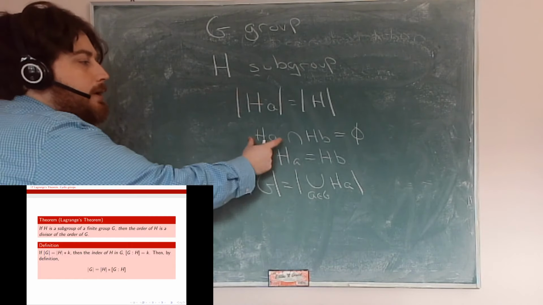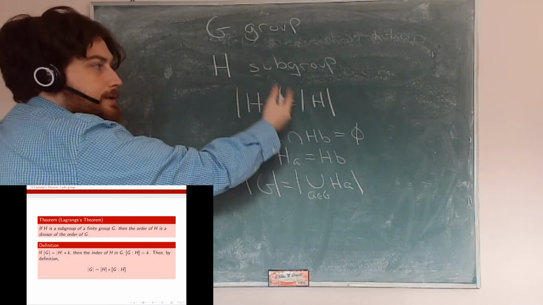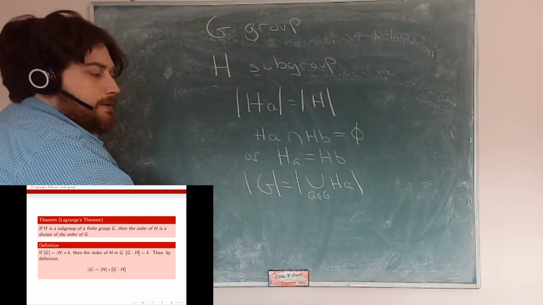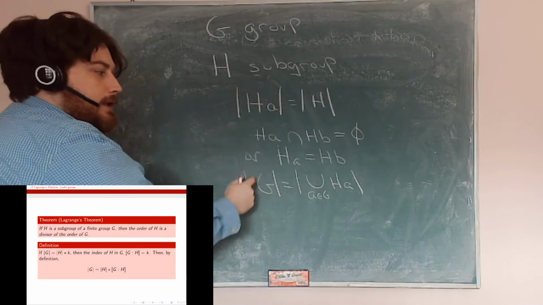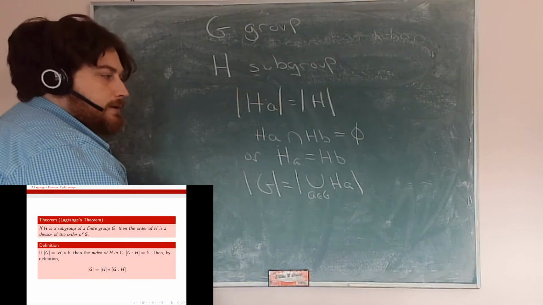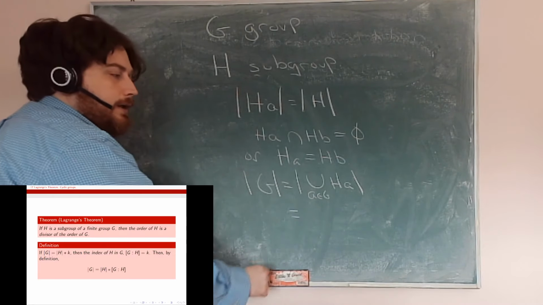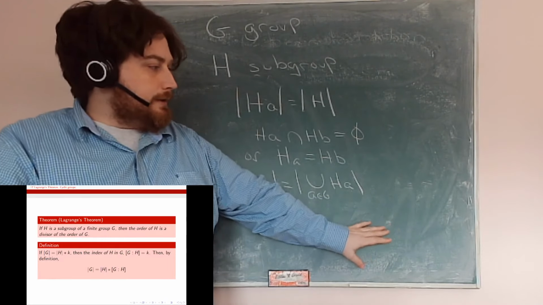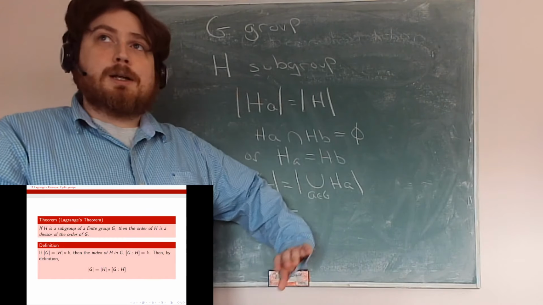Remember, I have H and I multiply by some element. If it's in H, I end up back in H. If it's some other element, I might end up with some other right coset. But because I can multiply by any element in G, I'm going to get all the elements of G if I take the union of all of the right cosets. Now, if I want to find the cardinality of the union, what I should do is add up the cardinalities individually, then subtract off the cardinalities of the intersections two at a time, and then add them three at a time.